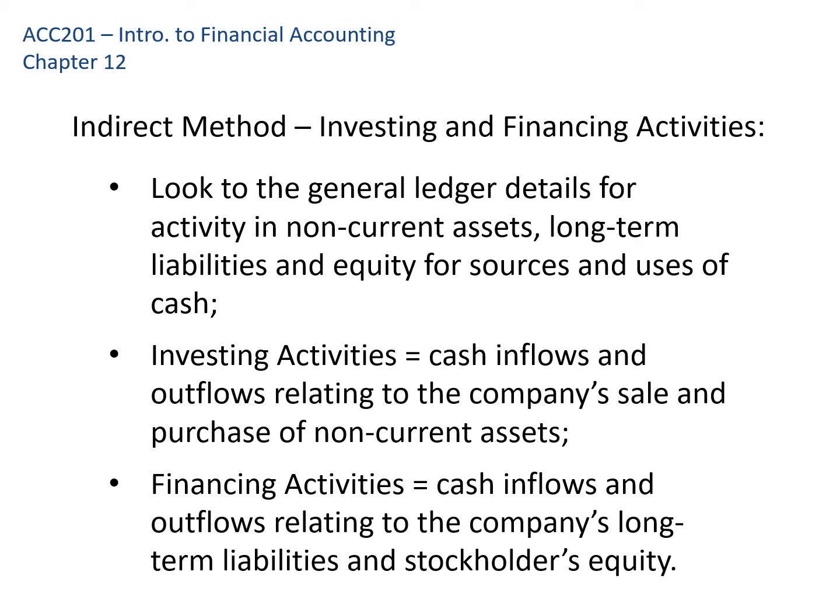I would receive cash in equity for issuing stock, so common stock and paid-in capital in excess would both increase if I issued stock. And then uses of money. So uses of cash in those examples would be paying down debt. In the equity section, it would be buying back stock or paying dividends to shareholders. So I would look to the general ledger details for all of those activities.